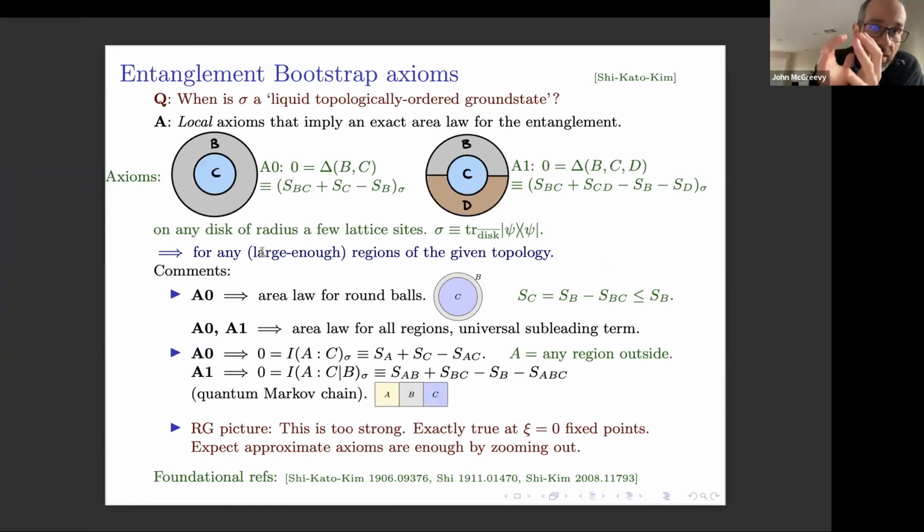A1 is a condition just on a ball. It's really quite subtle and nice. Whereas saying that arbitrary regions that are separated by a buffer are a Markov chain is not a condition that you can check locally, because you have to check every three regions. Oh, I see. So in that sense, A1 is a very compact and powerful assumption.